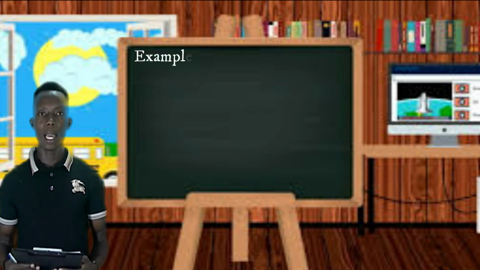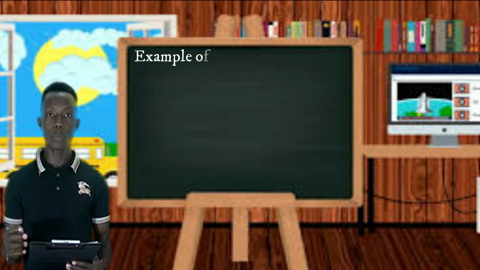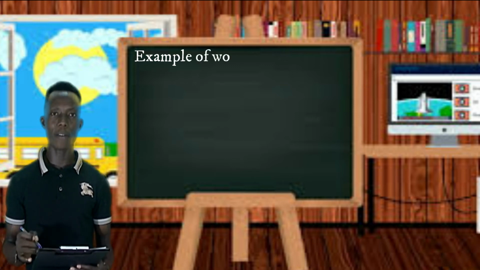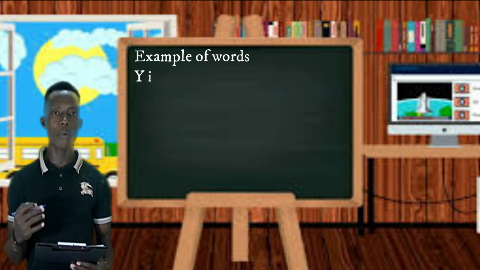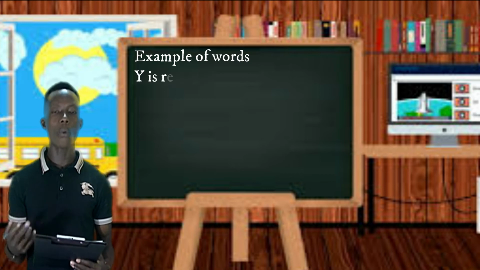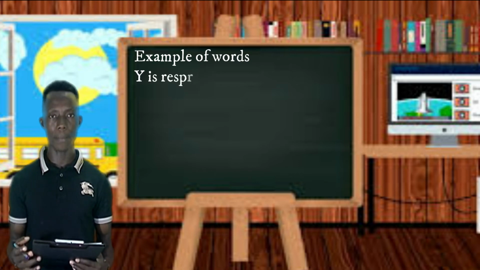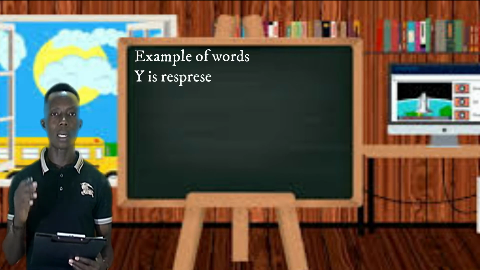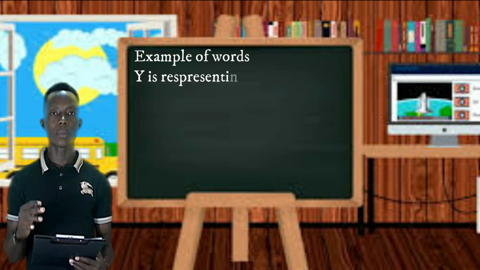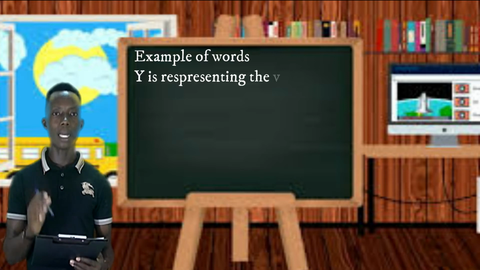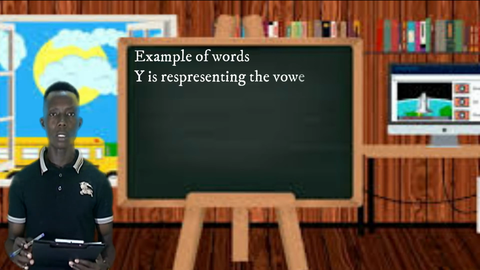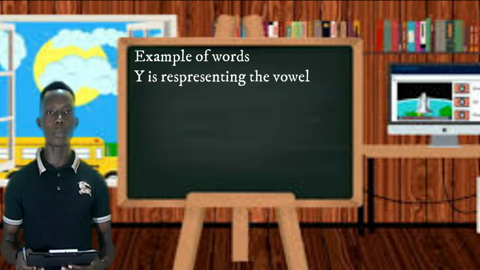Let's take a look at this example of words that do not have a vowel letter, but yet we are able to pronounce them. This is because they have the letter Y, and the letter Y is representing the vowel letters in these words. So let's take a look at these examples.